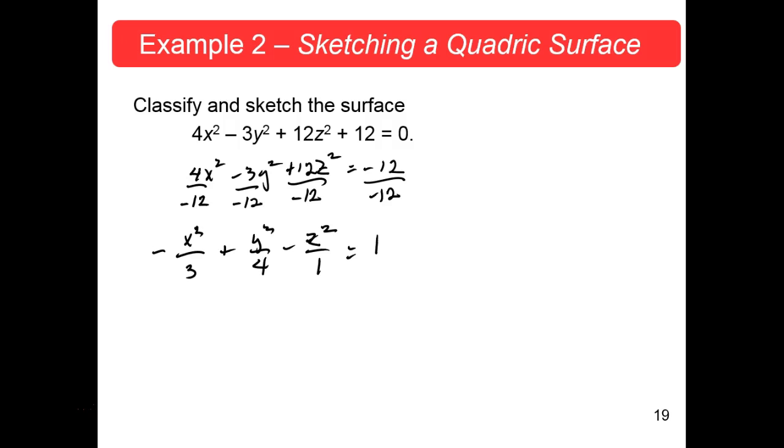That's not going to happen. So y can't be 0. So this is obviously a hyperboloid because you've got different signs here, and it has to be of 2 sheets because y can't be 0. So it's cut off there. So in the XZ planes, you have your 2 hyperboloid sheets going that way. 2 sheets.